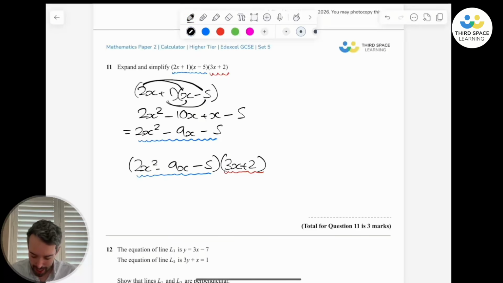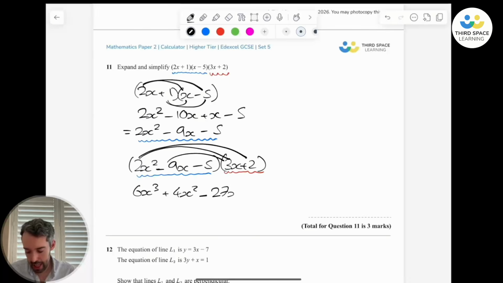Let's expand. 2x squared multiplied by 3x is going to be 6x cubed. 2x squared multiplied by 2 is going to be 4x squared. Negative 9x multiplied by 3x is going to be negative 27x squared.